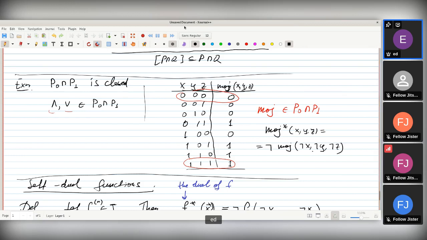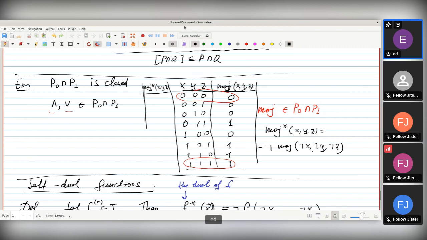What is it? Let us compute it. Let's put it here. So it is the dual of majority.